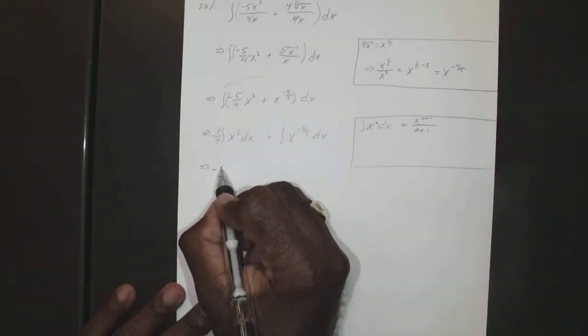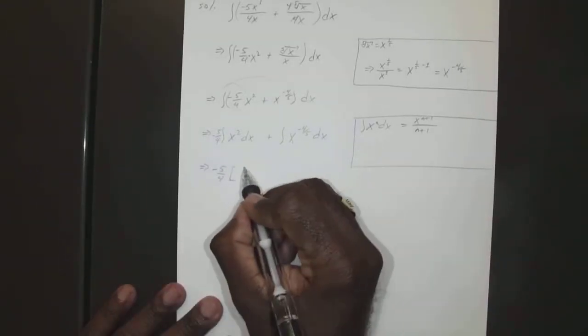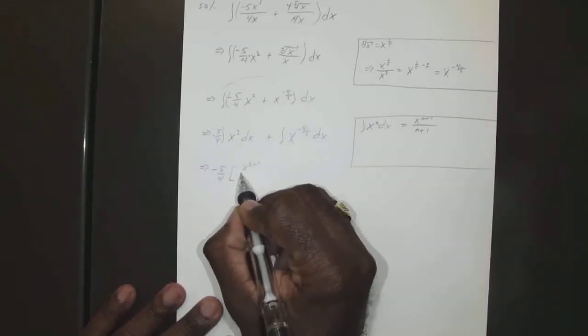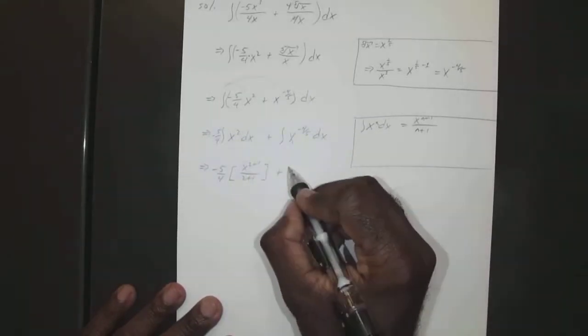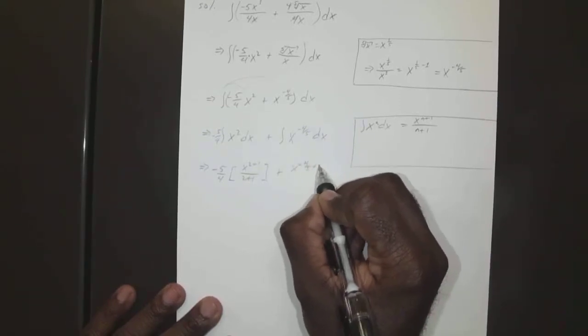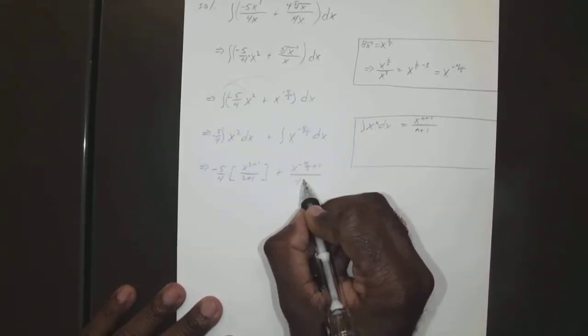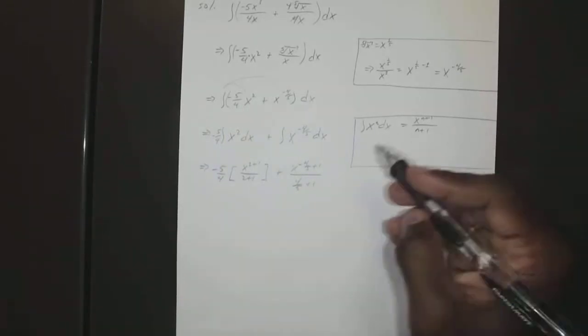So this is going to become negative 4/5 times x to the 2 plus 1 over 2 plus 1 plus x to the negative 4/5 plus 1 over 4/5 plus 1. Oh, plus c.